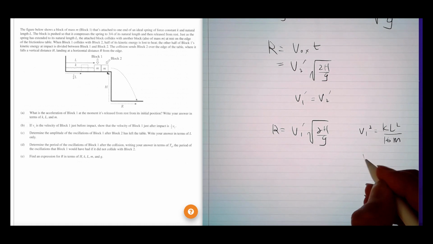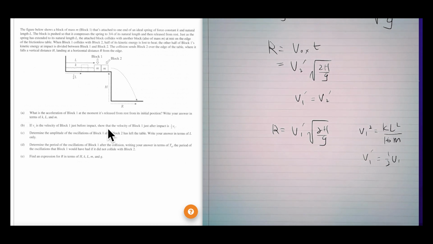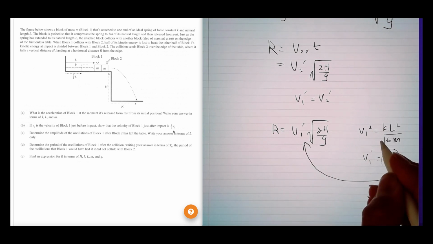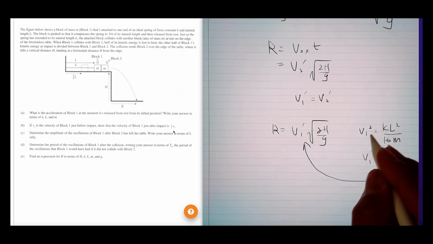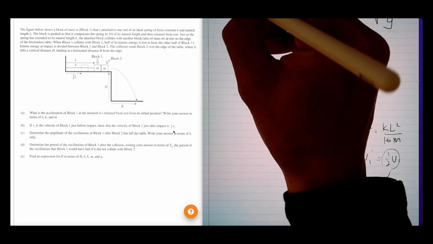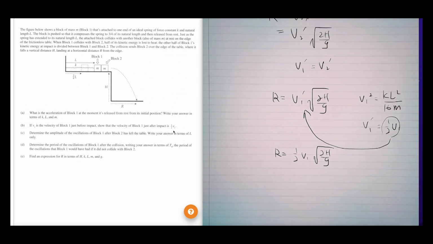Also remember that b prime of 1 equals 1/2 b1 right here. After the impact, it was 1/2 b1. So I'm going to first put this over here and then put all these variables in as a final step. So r equals 1/2 v1 times square root of 2h over g, and still that's not acceptable.